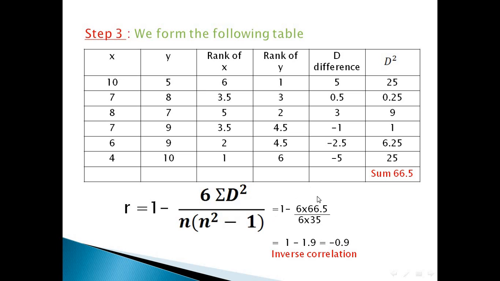And now use your calculator to calculate this correlation coefficient, and the final answer, you got it, negative 0.9. And you can now tell me what is the type of this correlation coefficient. Yes, you have negative value. The type is inverse correlation.